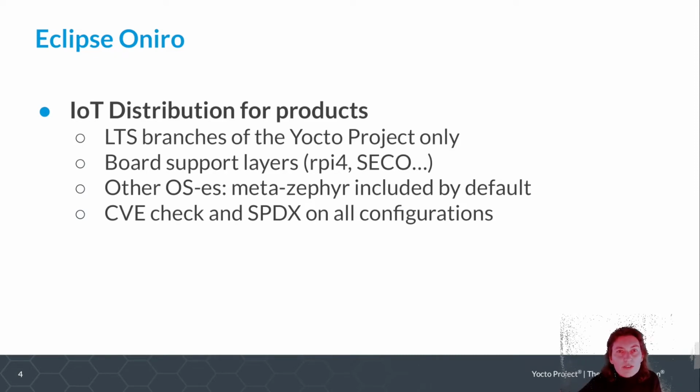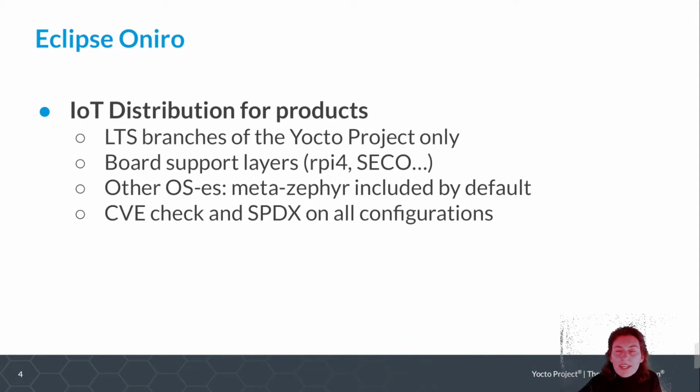It's an IoT distribution for products. For products, it means that it uses only the long-term support, so LTS, branches of Yocto for development. There are also some additional board support layers, like for Raspberry Pi or the Seco boards.